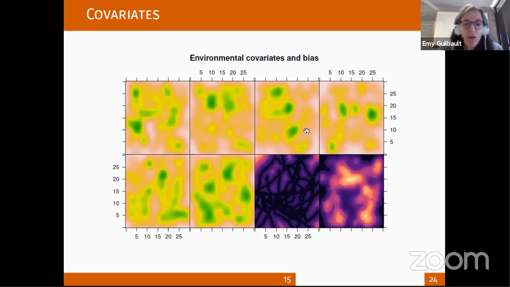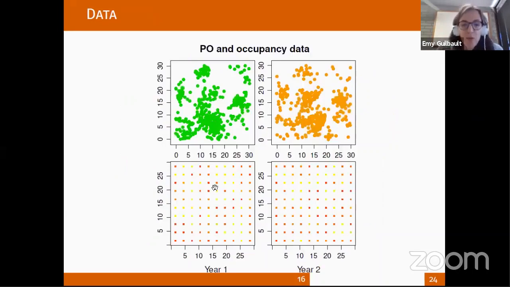Using the environmental covariates, we can get a species intensity and sample the points that will be our observations. This sampling is also biased, because we biased it according to the distance to the road for presence-only data and according to the probability of detection for the occupancy data. This example has 2 years with 1 source of presence-only data and 1 source of occupancy data.